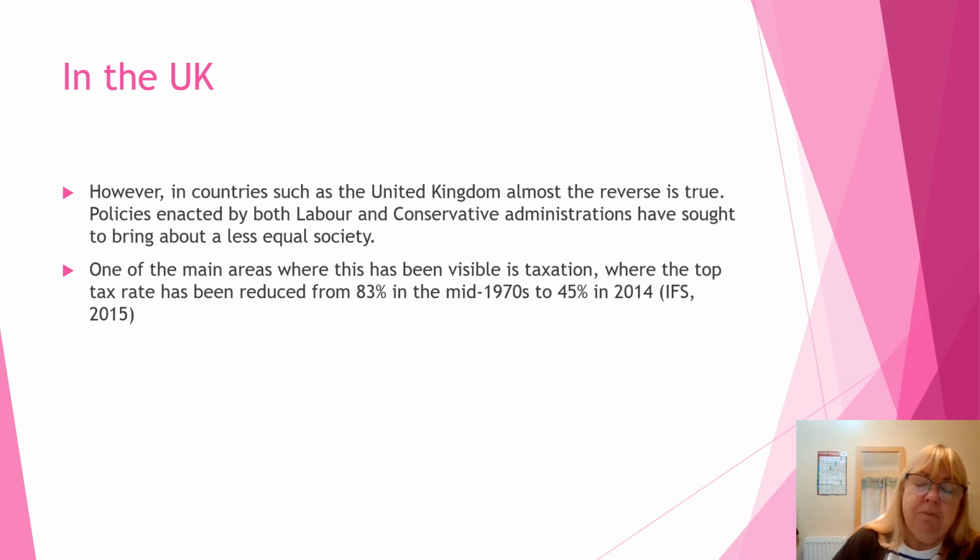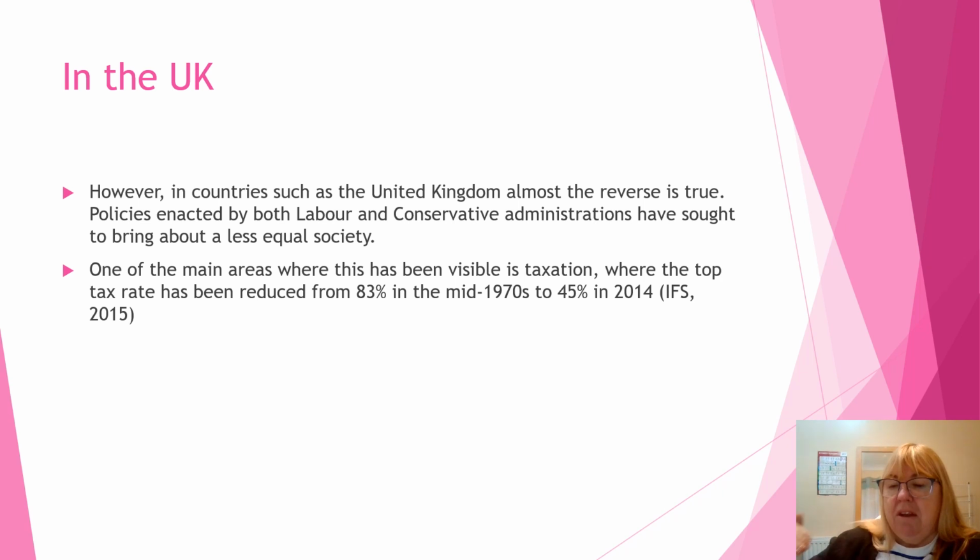We're talking about the highest earners here, millionaires and company owners and things like that. The top tax rate has slowly dropped and dropped to 45% now. So you can have someone who's a millionaire who's only taxed 45% of their income now.